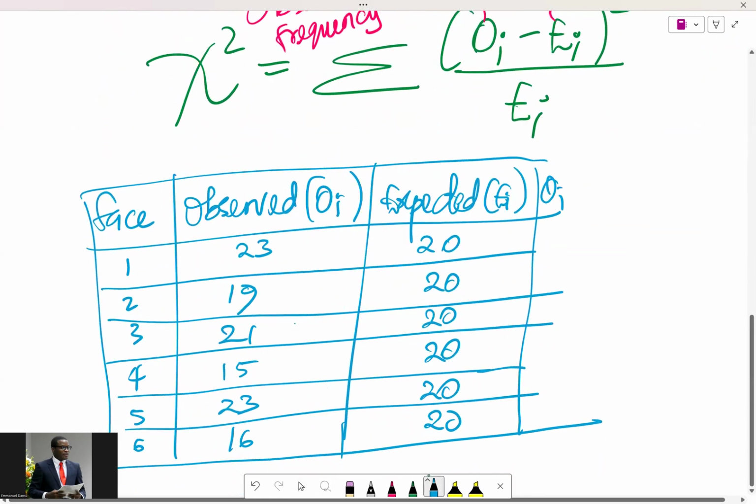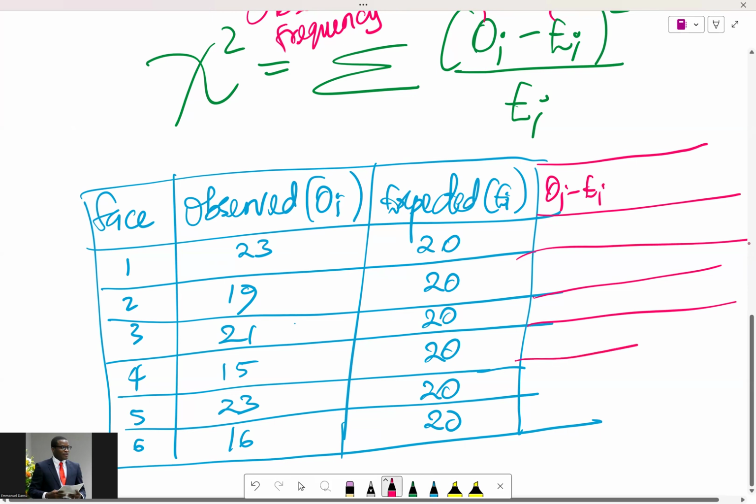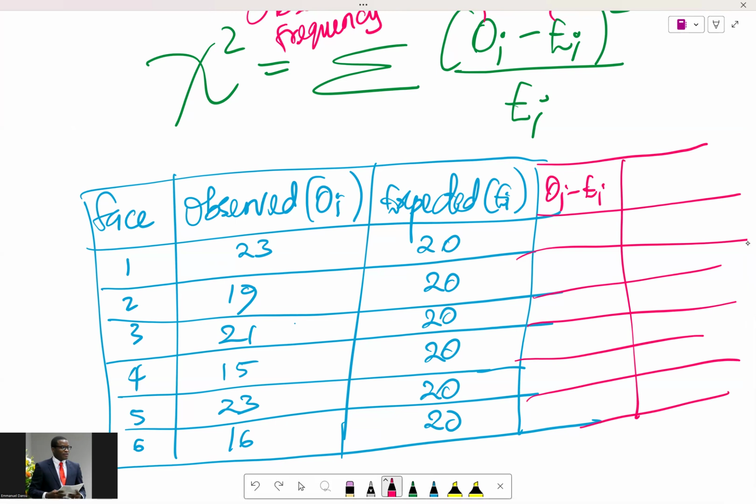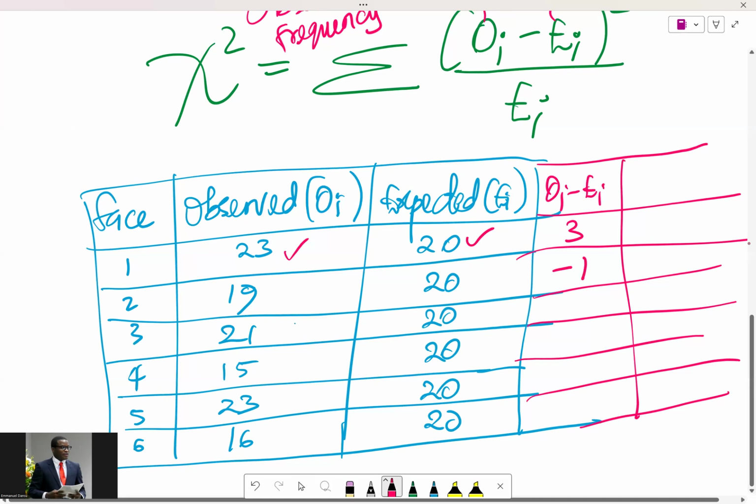So let's do O I minus E I first. That simply means 23 minus 20, that's 3. 19 minus 20 is minus 1. 21 minus 20 is 1. 15 minus 20 is minus 5. 23 minus 20 is 3. 16 minus 20 is minus 4.